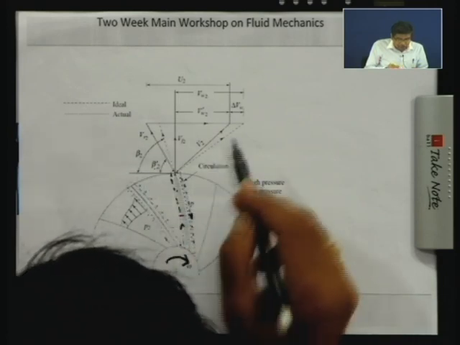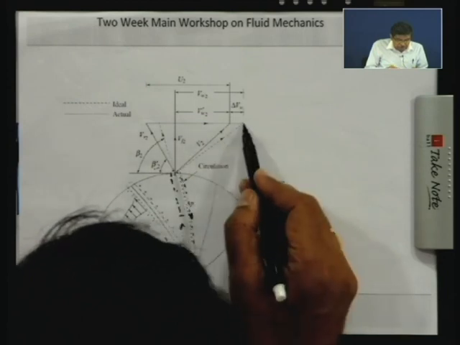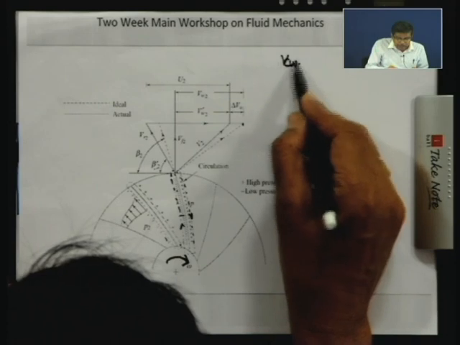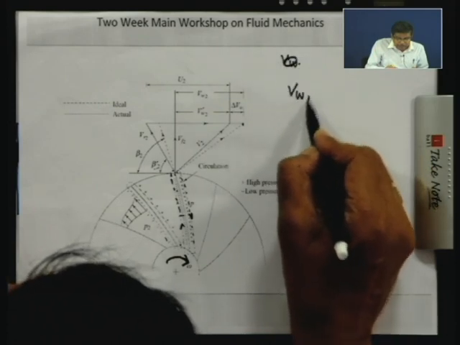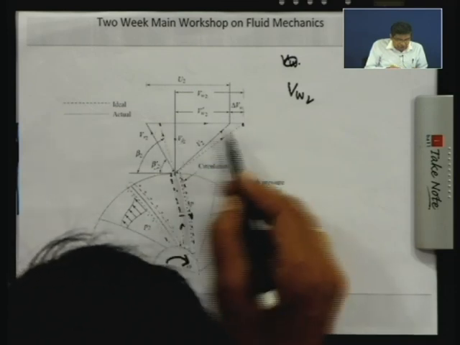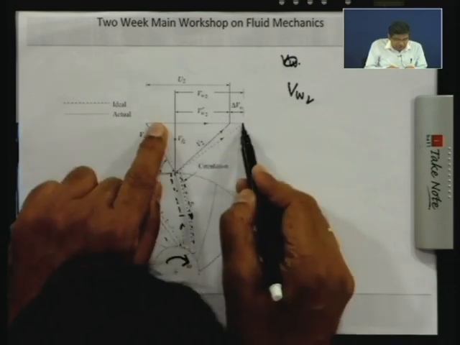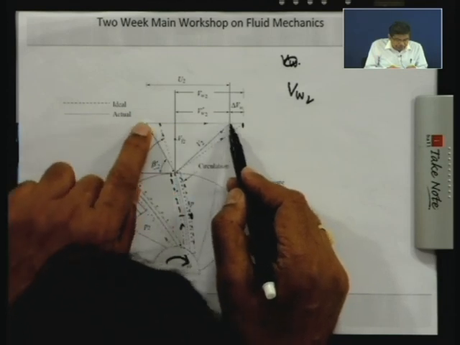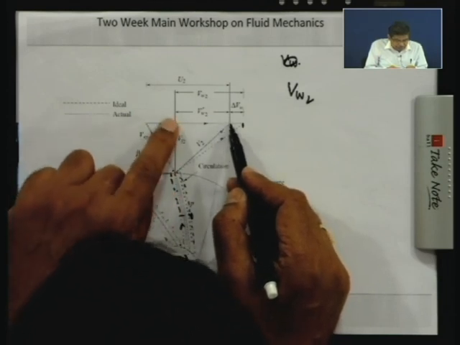If you compare Vw2, that means the tangential component at the outlet, earlier it was this much, from here to here, this length, but now in the actual case it is this much. Try to understand.